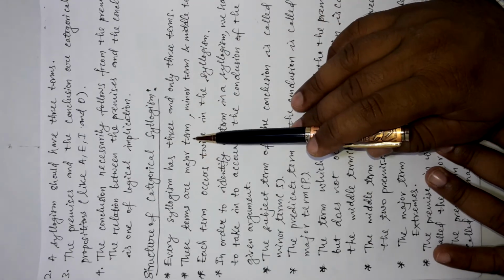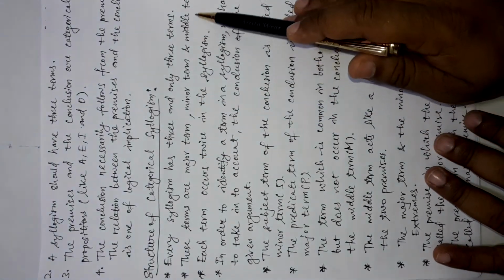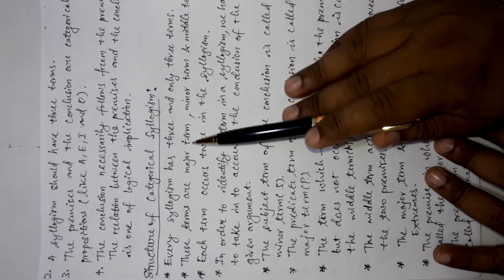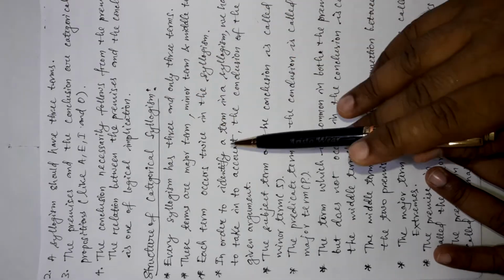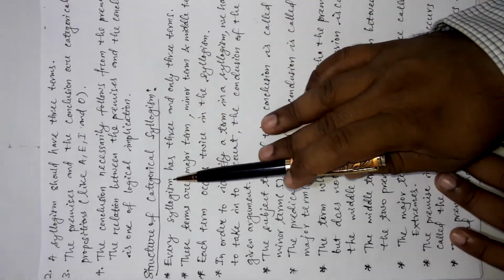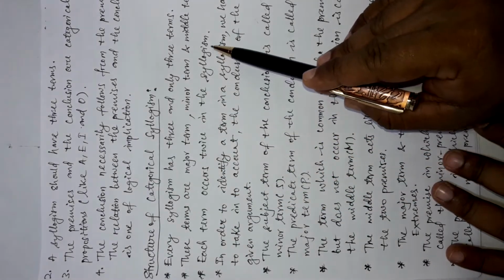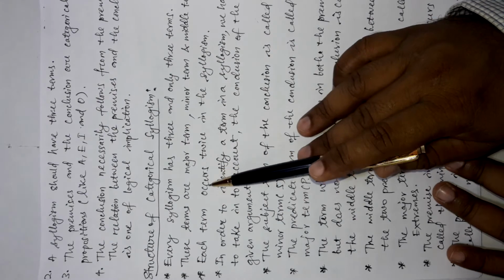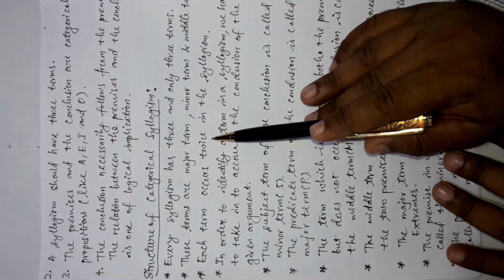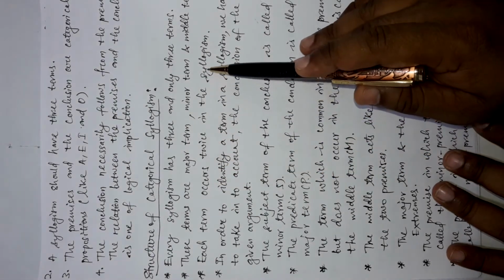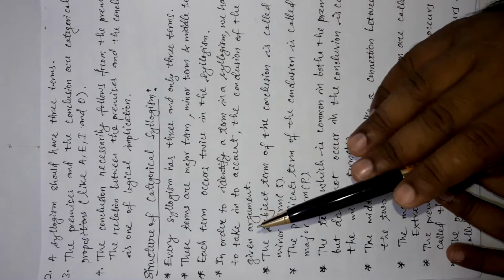They are called major term, minor term and middle term. Each term occurs twice in the syllogism, in the propositions of the syllogism that we discussed earlier.